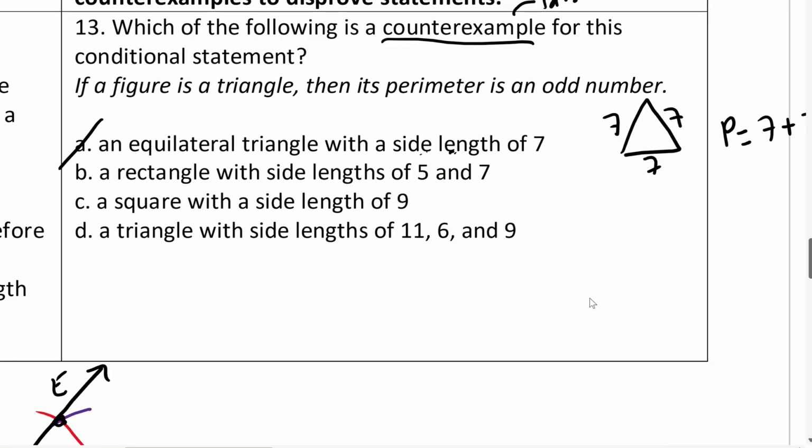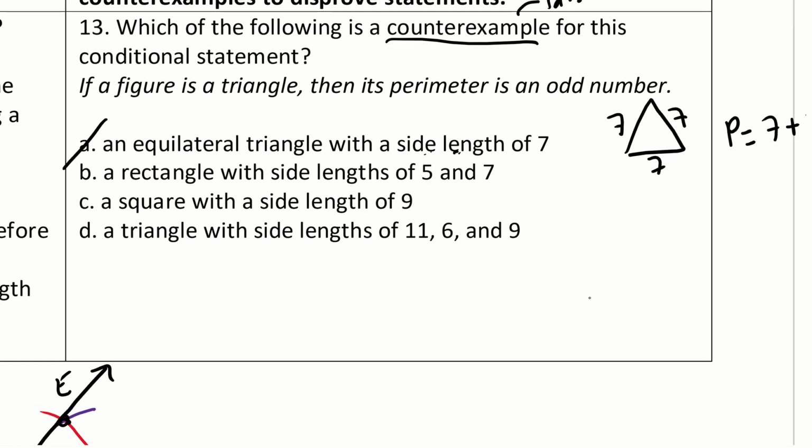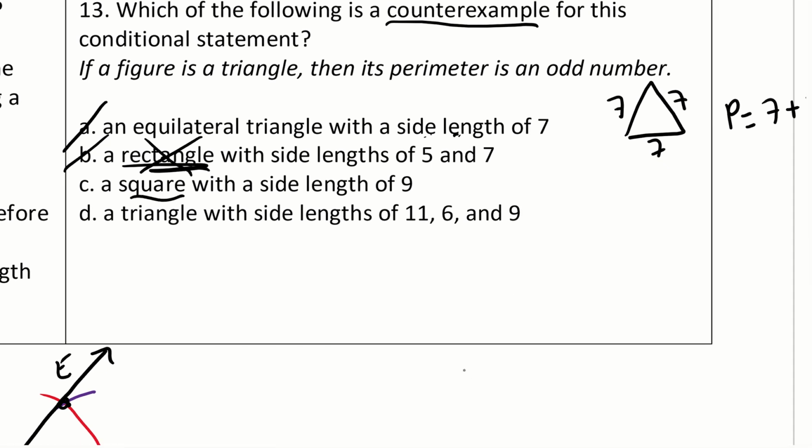All right, we have to prove it wrong. A rectangle with side lengths of 5 and 7. Now it says a rectangle. Can we use a rectangle as an example when they say that it has to be a triangle? Of course not. So it cannot be a rectangle. So this cannot be a counterexample. Now here they use square. We can't use that either. Has to be a triangle.